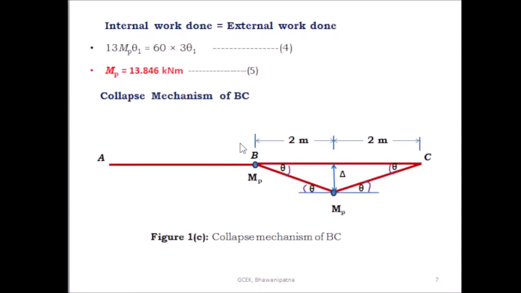Then find out what is the external work done. So here the load present is the 30 kilonewton collapse load, and this is the virtual displacement. So you can find out the external work done by multiplying the collapse load with the virtual displacement.